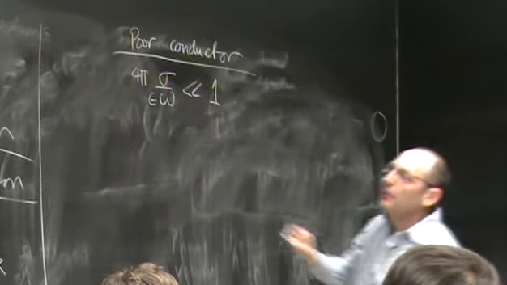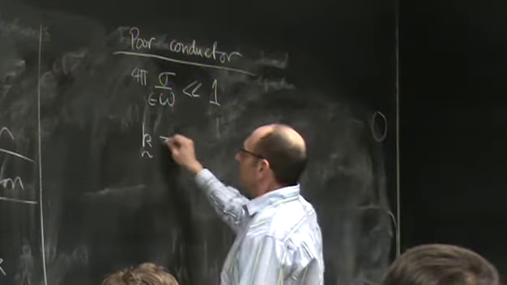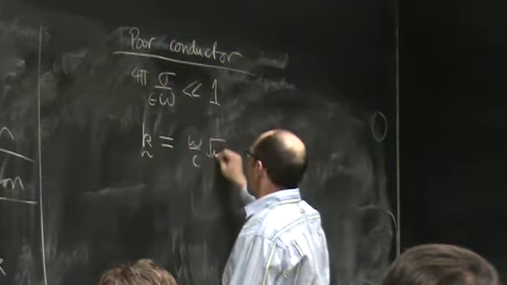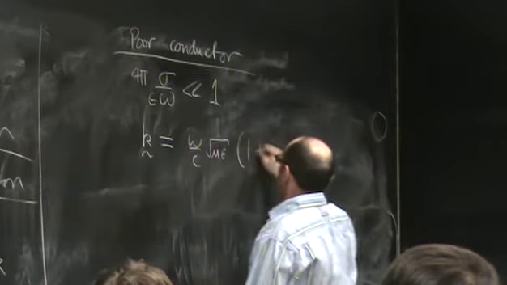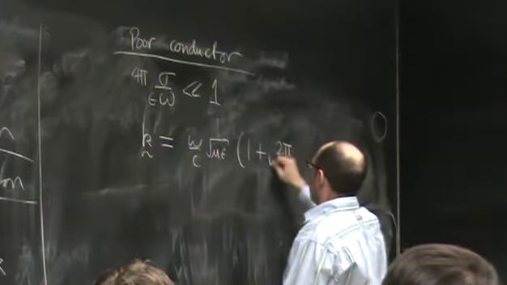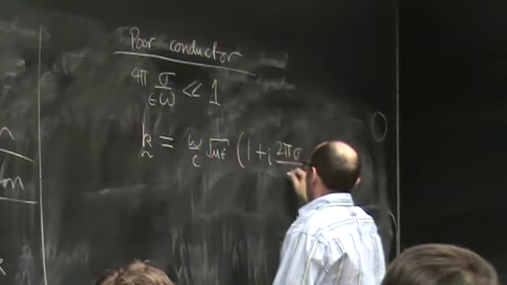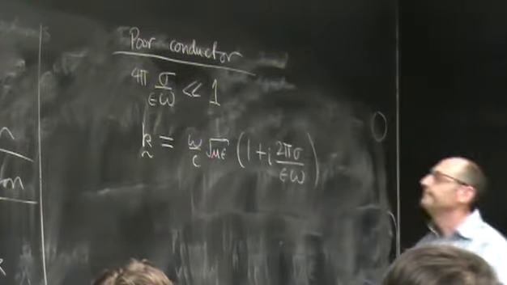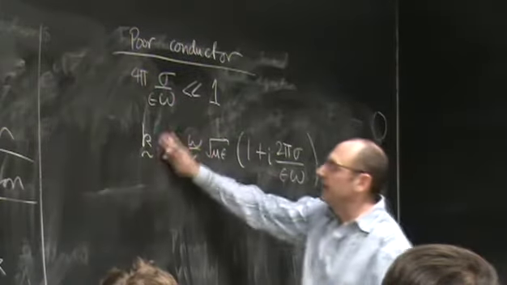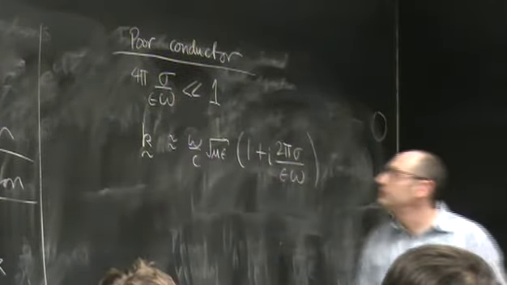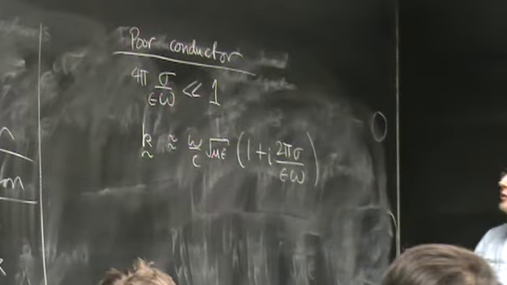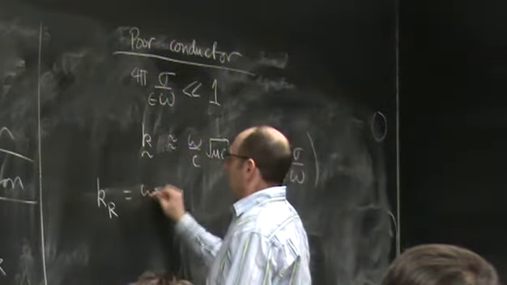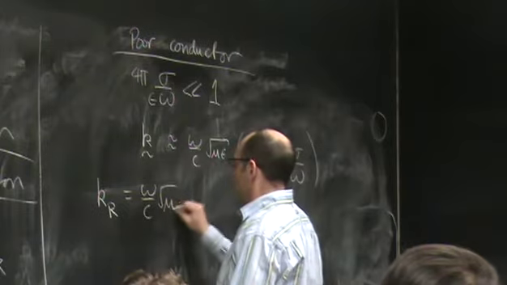So then, in that case, I can just use the binomial expansion here, and write this as 1 plus 2 pi sigma over epsilon times omega, approximately. Okay? So the real part here is just as before.